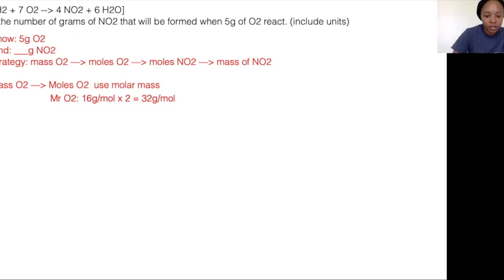Perfect. So now I need to start drawing stuff, right? What am I starting with? What do we know? 5 grams of O2. Perfect. So you have 5 grams of O2. And then we're going to multiply it by, what's going to go on the bottom? What's going to go on the top?